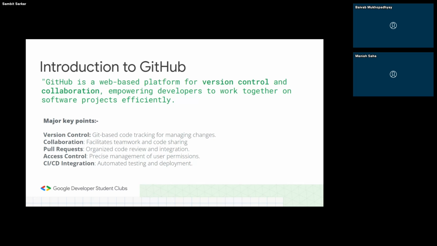Coming to access control, GitHub offers precise access control to the maintainers. Like I give you an example of someone trying to push their code to another's repository. But what if you know the person who is pushing the code? What if he needs to push the code multiple times?